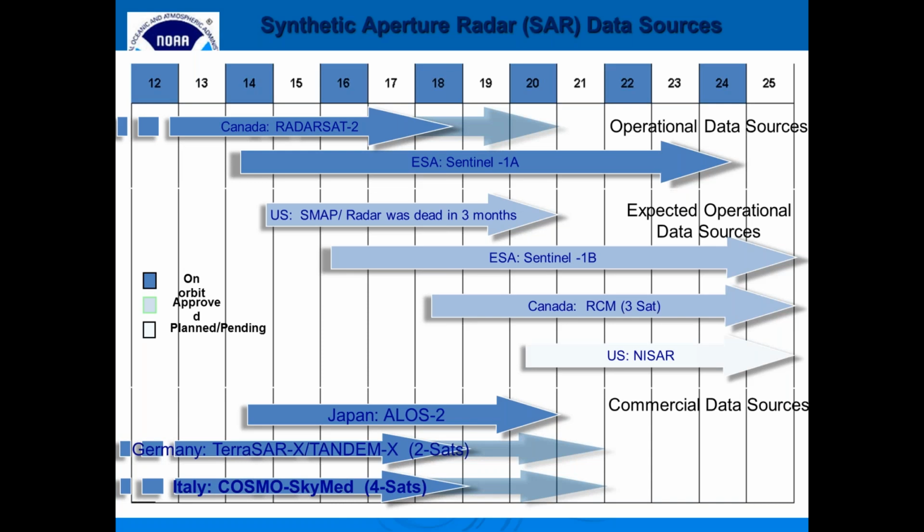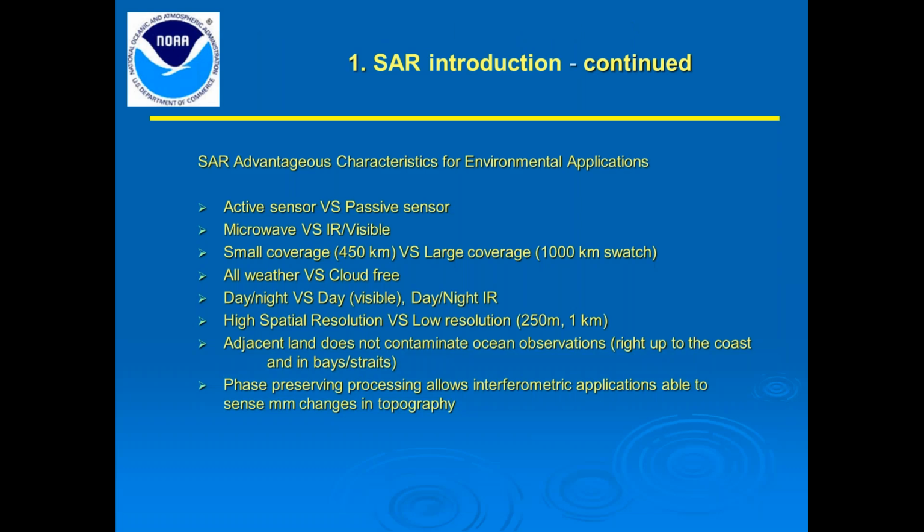Those data are freely available and flowing to NOAA through a pipe on a daily basis, so we can get those images directly from ESA in a timely manner. So things have changed, and that's why this talk becomes more relevant. We can get free data in a timely manner.